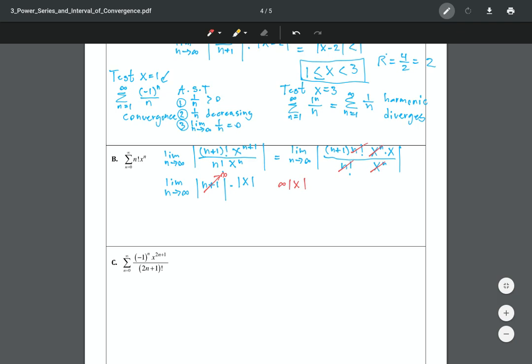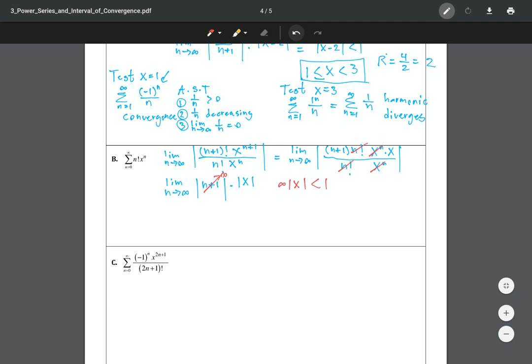So this is why there is basically one point where it converges. If I want to make this less than 1, now I know that looks weird, so just hang in there with me.